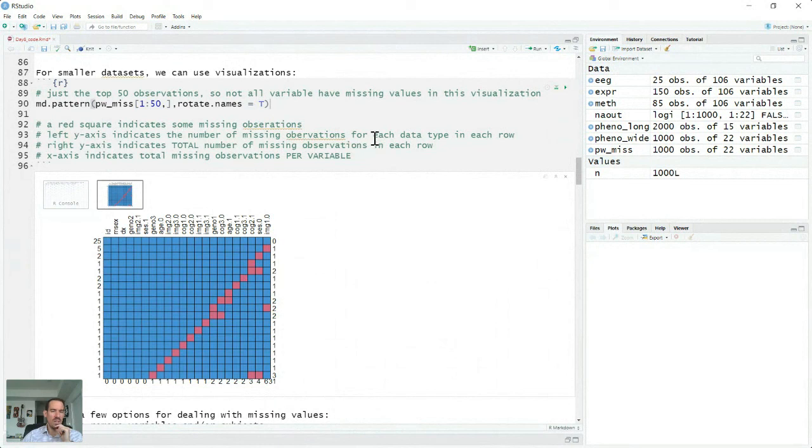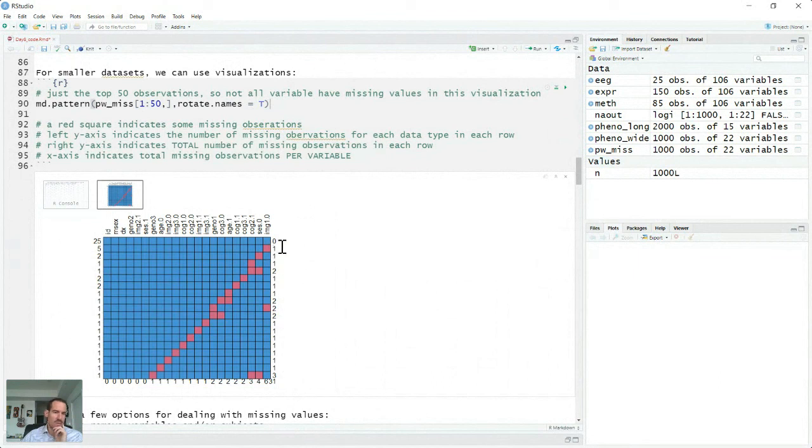And the right y-axis is the total number of missing observations in each row together. So the way to think about this is, it's kind of odd to think about. I don't actually know where the 25 comes from.